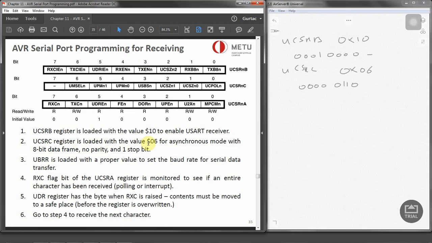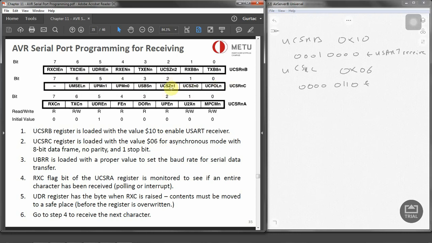This is for USART receive. With the UCSRC, that means UMSEL is in asynchronous mode, which is selected by 0. These are all zeros. Then we have got 0, and this is going to be 110.